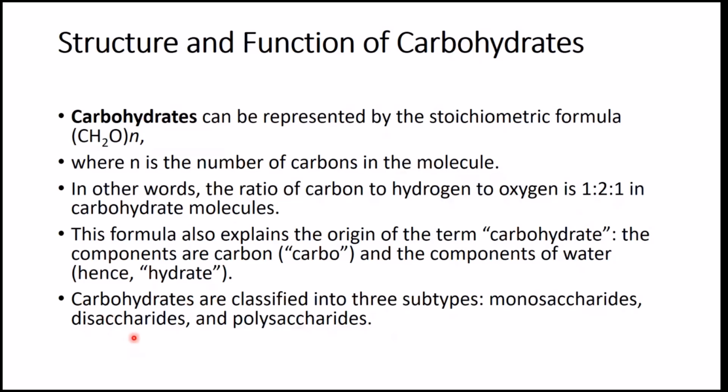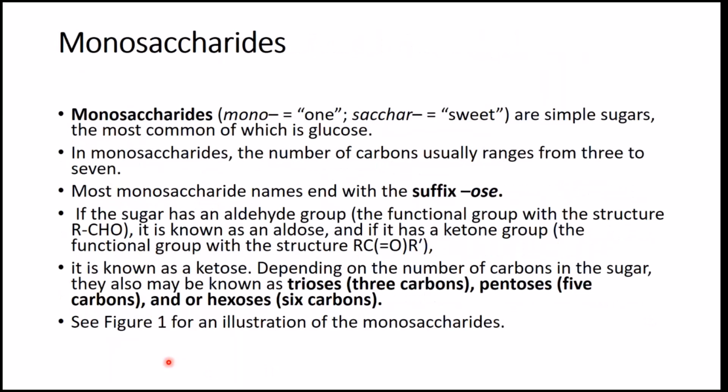Carbohydrates are classified into 3 subtypes: monosaccharides, disaccharides, and polysaccharides. Monosaccharides: mono, 1, saccharide, sweet, simple sugar, the most common of which is glucose. Stay away from sugar, by the way. In monosaccharides, the number of carbons usually ranges from 3 to 7. Monosaccharide names end with the suffix "-ose".